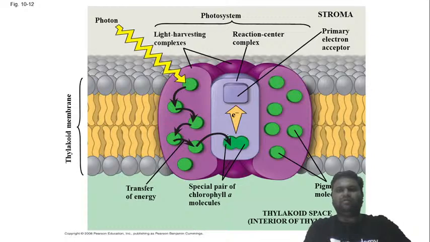This one is the primary electron receptor. तो यहाँ पे एनर्जी का ट्रांसफ़र होता है और फिर एक स्पेशल पेयर ऑफ क्लोरोफिल ए मॉलिक्यूल्स है जिसमें ये एनर्जी ट्रांसफ़र होती है, फिर वहाँ से रिएक्शन सेंटर कॉम्प्लेक्स में ट्रांसफ़र होती है. These are the pigment molecules. So this consists of a photosystem.